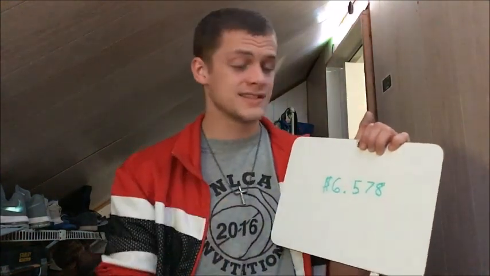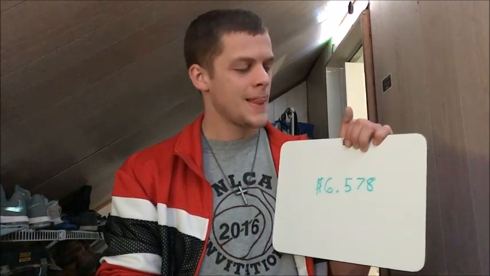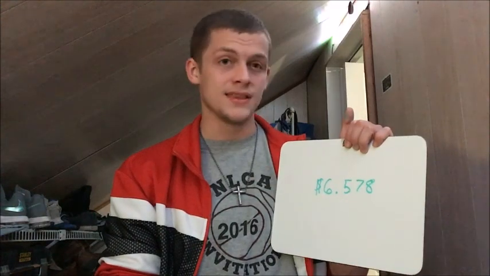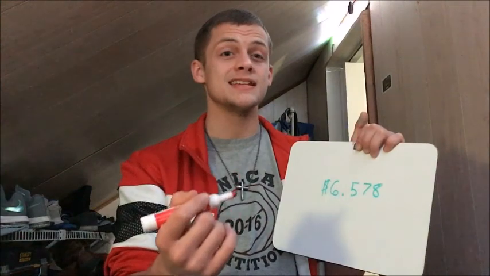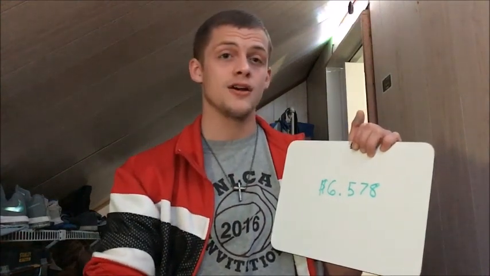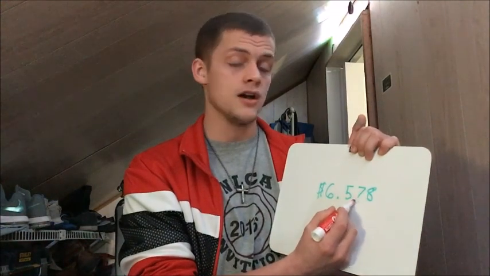Well, 8 hundredths of a cent, that would be like 8 hundredths of a penny, and we can't get that many pennies. So we're going to round to the nearest cent. Pennies are what we measure cents in, and they would be measured in the hundredths place, right?